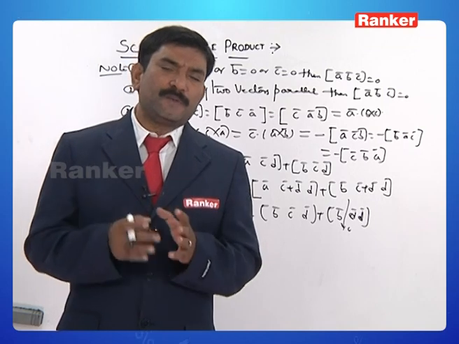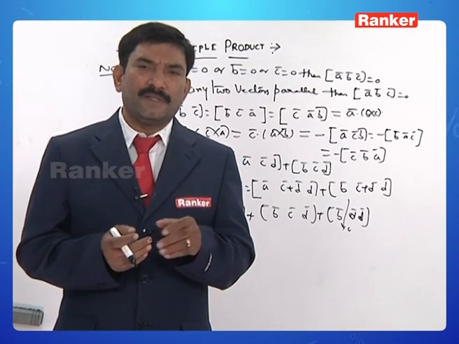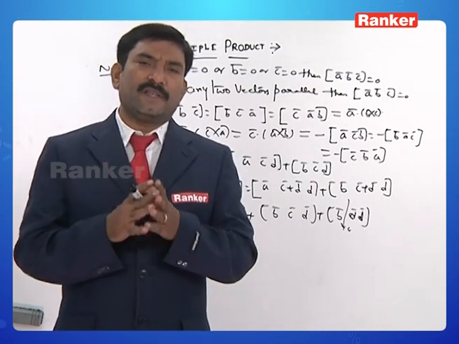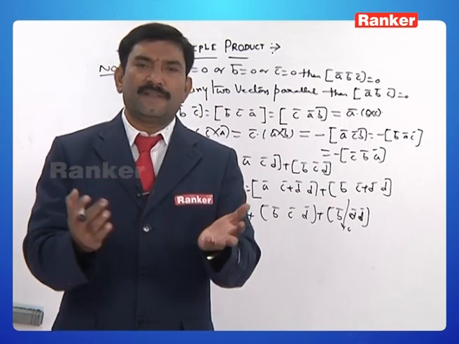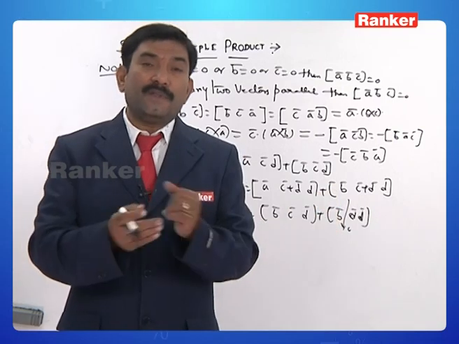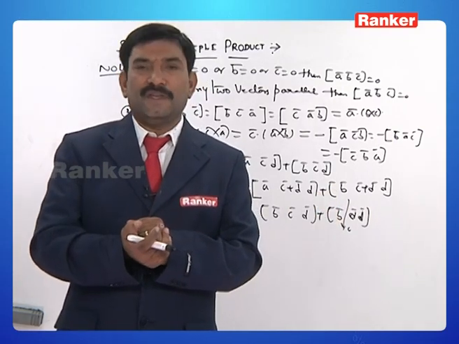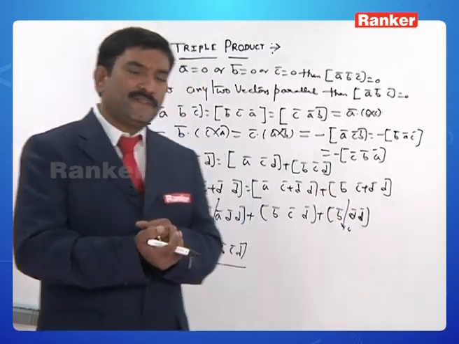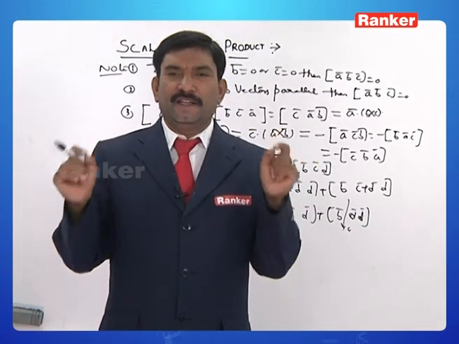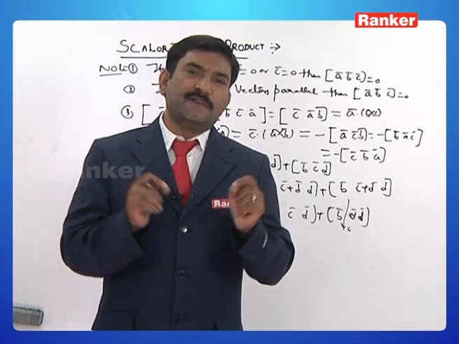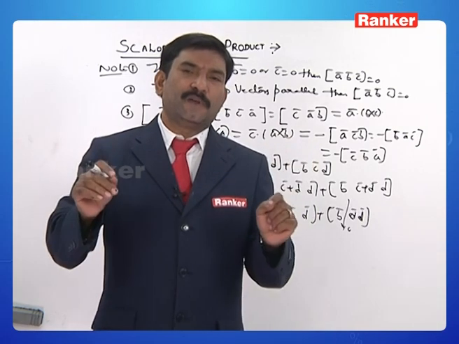In a box product we come across many properties. In a box product, vectors can be interchanged in a cyclic order, meaning dot and cross are interchangeable in a cyclic order. Without the order, the sign changes, right? Next, in a box product, if two vectors are identical, then the value of the box product is 0.